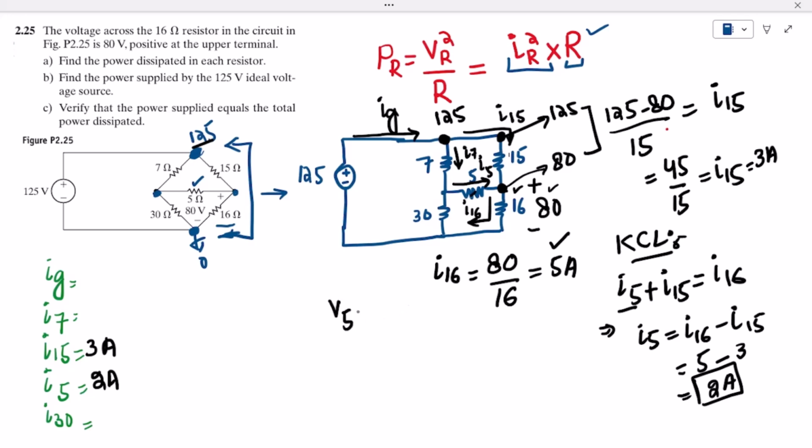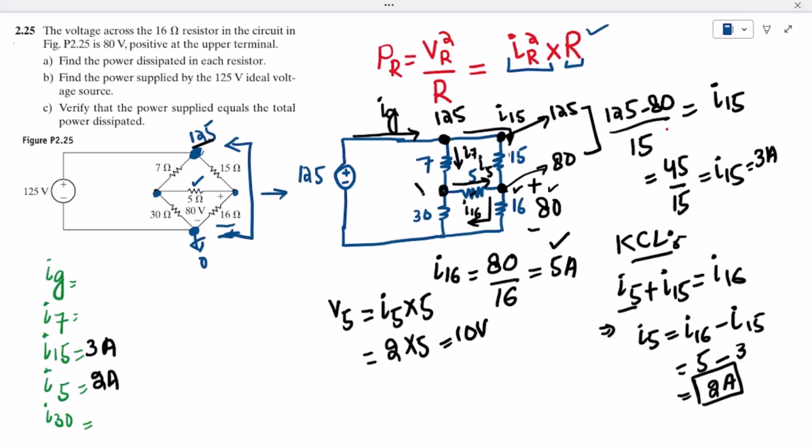Let me call that voltage V5. To find it, it will be the current I 5 multiplied by the resistance, which is 5. So I 5 is 2, the resistance is 5, it is 10 volts. So this V5 is 10 volts.